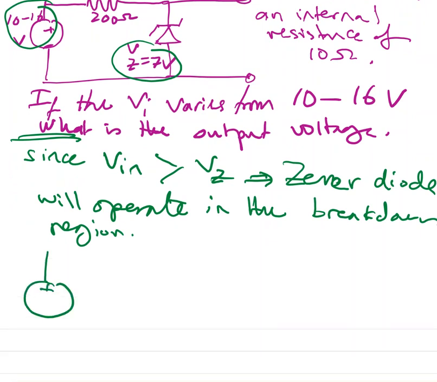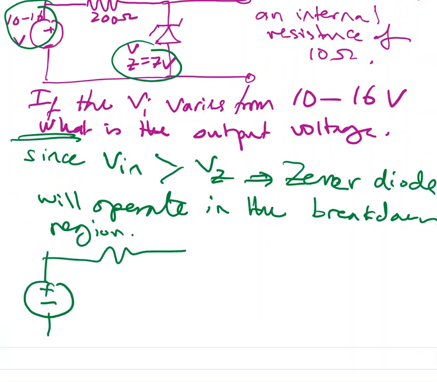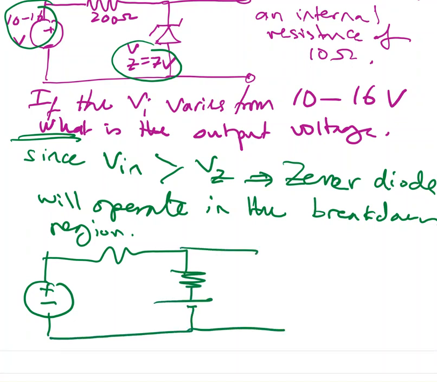I have the Zener diode, which I can represent by a resistor and a battery, and this battery is 7 volts, and this is 10 ohms, and this is the 200 ohms, and this is my V input.